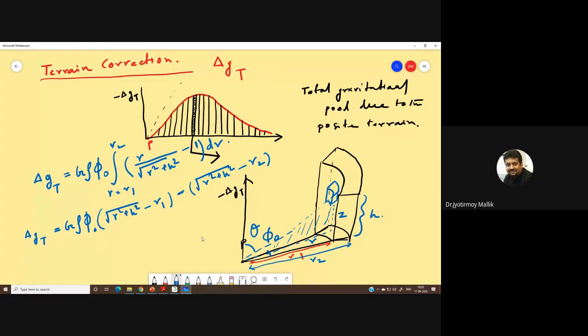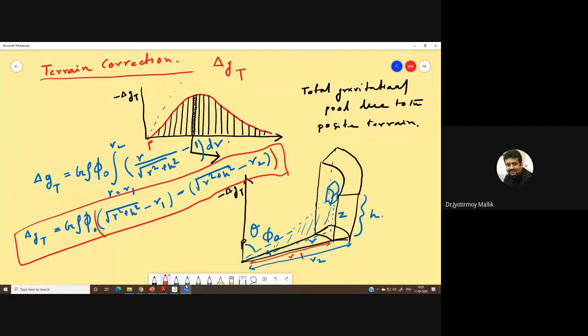This will be the equation. Another bracket to close. So thus you can find your terrain correction.